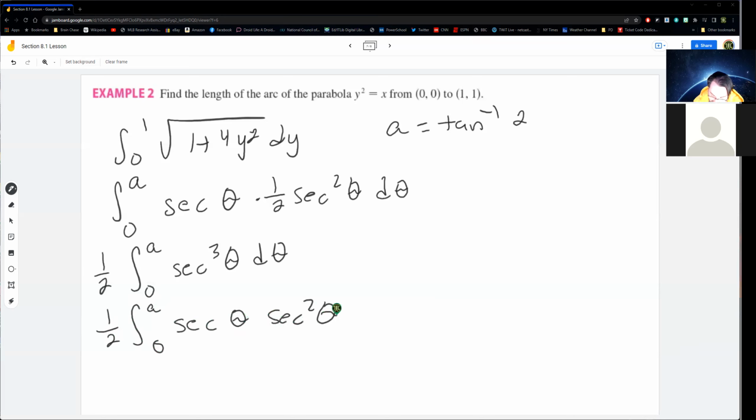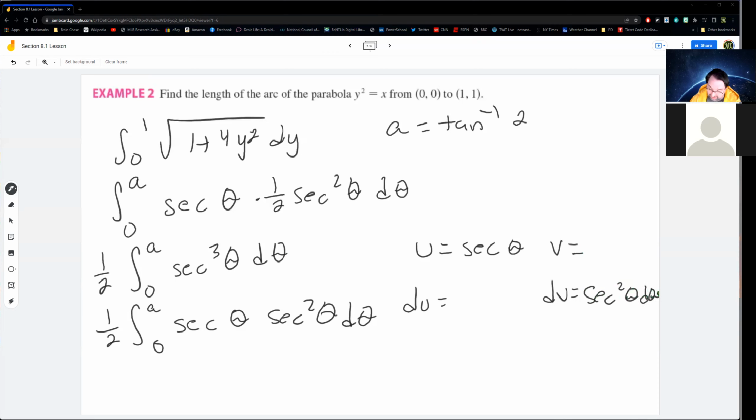And now your next question is, how on earth do you know how to do this? Again, you're stuck. So what do we have? What options do I have? I can't do the trig integrals because I don't have a tangent, so let's figure out some way to get a tangent. If I make it this way, this is going to become tangent theta, and this will become secant theta tangent theta.